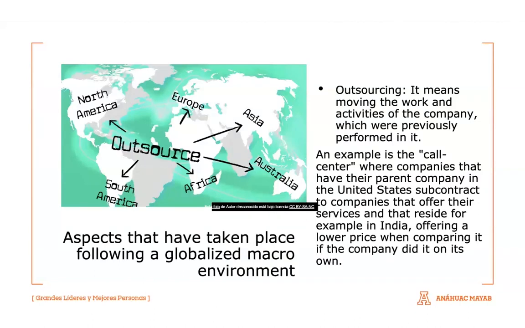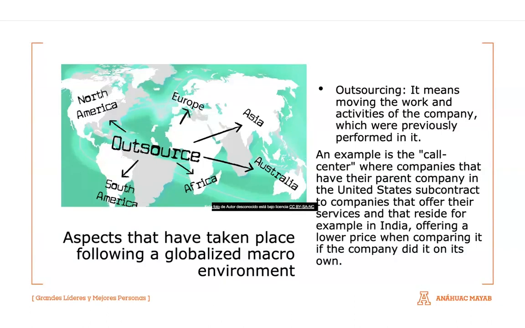Another thing is that if you check the PESTLE deeply, you're going to see that nowadays things are impacting us in different ways. The first thing is outsourcing. As you know, businesses are trying to reduce their costs and expenses, and for that they might hire other companies to do certain activities of the company, in order to what?